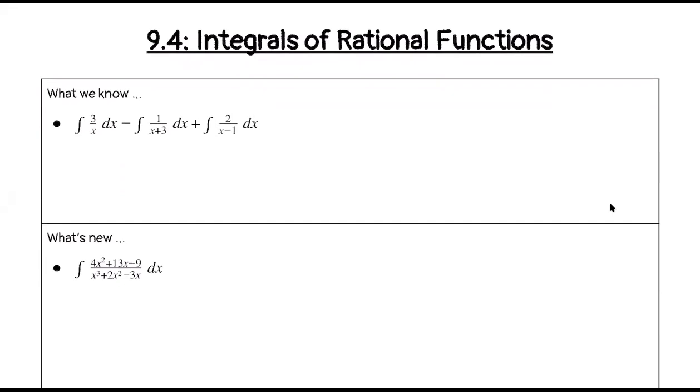We've got the integral of 3 over x dx minus the integral of 1 over x plus 3 dx plus the integral of 2 over x minus 1 dx. So we've got 3 separate integrals here, and they're all relatively straightforward. What I want to do is show how we would solve this one as a review, and then we're going to take a look at the what's new.